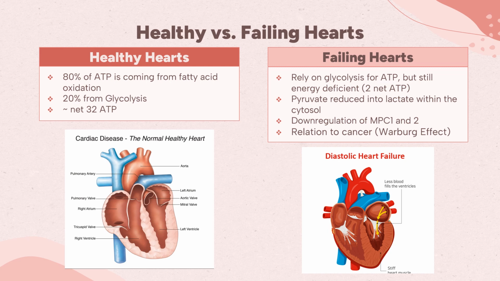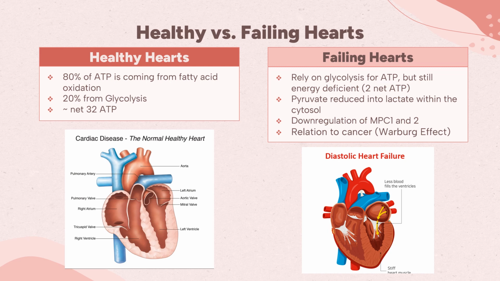This means that there is a decrease in the usage of MPC because the pyruvate is not going into the mitochondria, it is just staying outside. So pyruvate is going to be reduced into lactate within the cytosol, making it inefficient in terms of ATP production, and this will contribute to the energy deprived state.